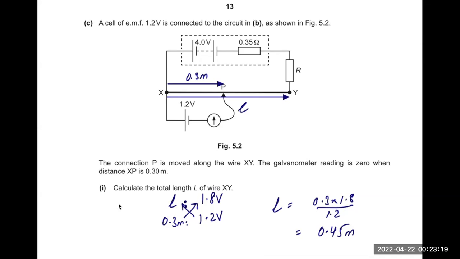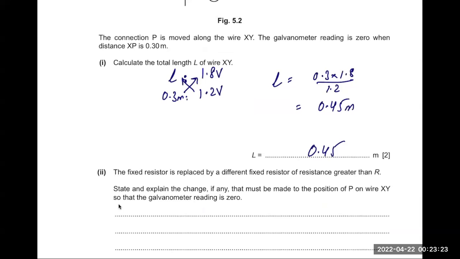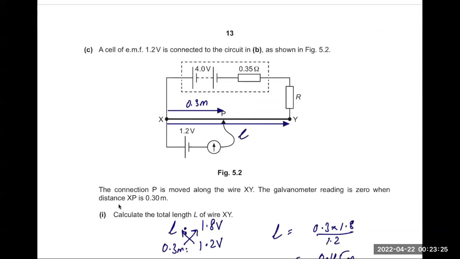So the total wire XY experiences a potential difference of 1.8 volts. Now, if I increase the resistance of this wire, the total resistance of the circuit increases.